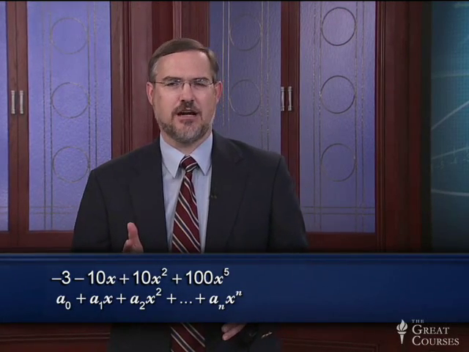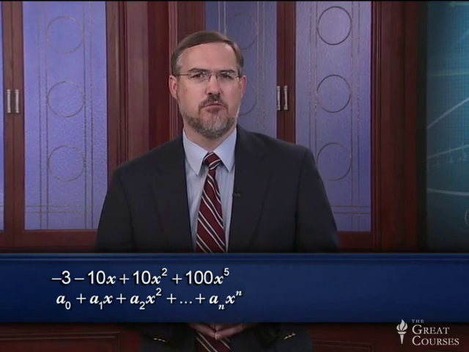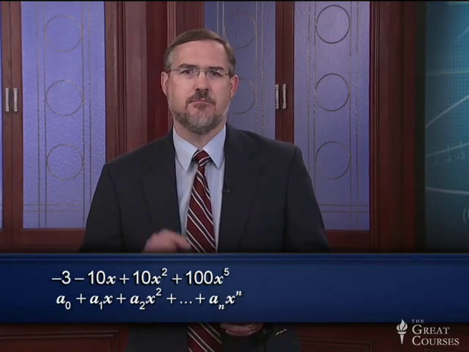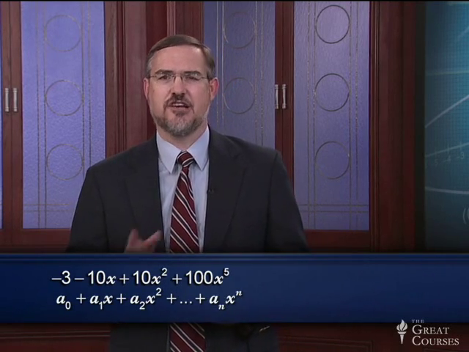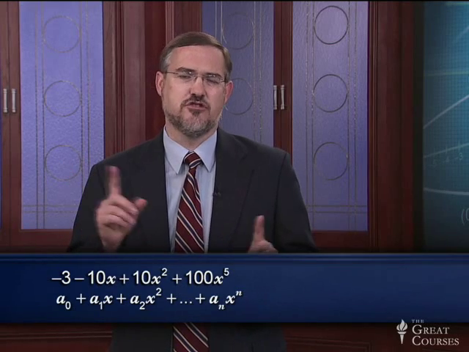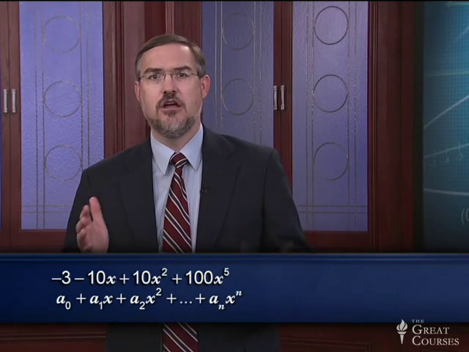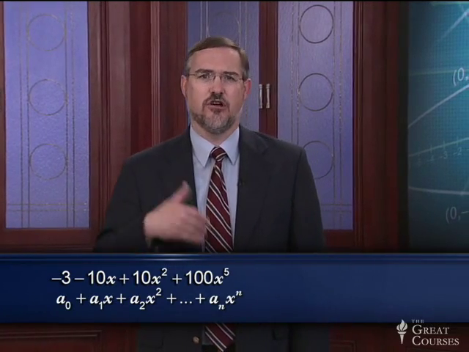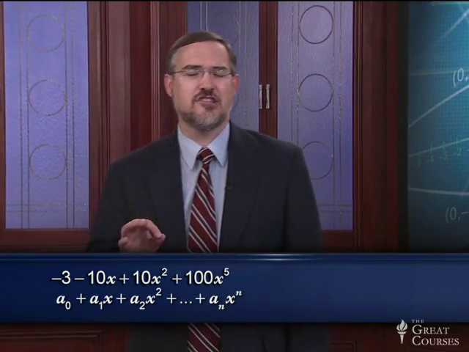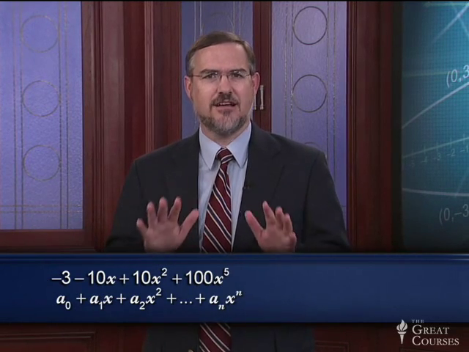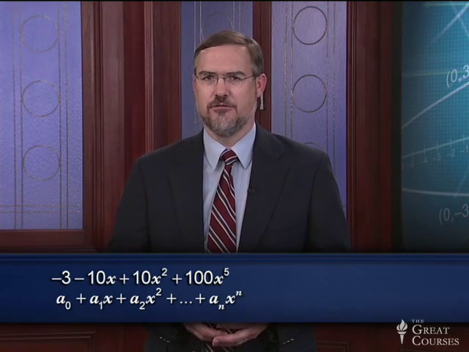And let me just make a quick comment about that polynomial before we move forward. I could have also written that as 100x to the fifth plus 10x squared minus 10x minus 3. It would have been the same polynomial. The powers would have just gone down instead of going up. Notice that all the powers on x are positive integers. We also have that negative 3. That's a constant. That would have been sort of like the a sub 0 in the definition. But that guy really is a polynomial.